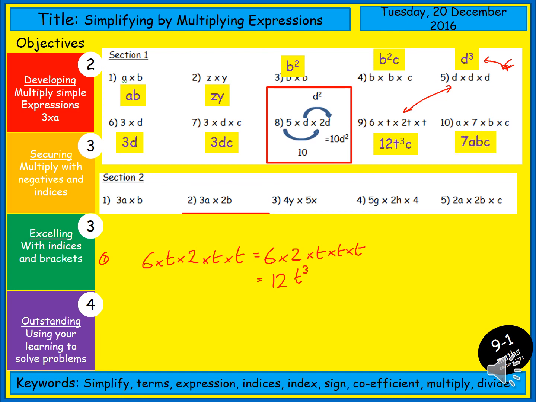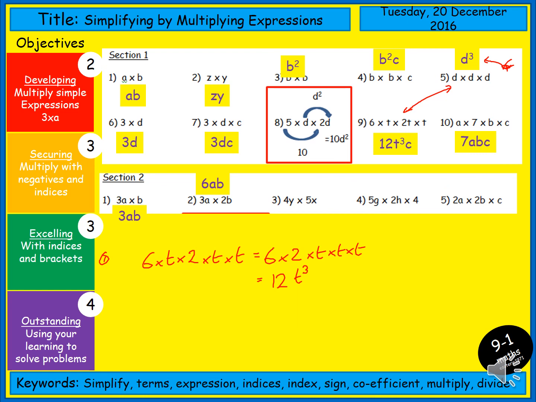And on to section 2, these ones are a bit tougher, but more like the hard ones we saw today. The first one, 3a times b, so it's 3 times a times b, so that is 3ab. Question 2, we've got 3a times 2b. Again, we can times the numbers and then times the letters, so we end up with 6ab.